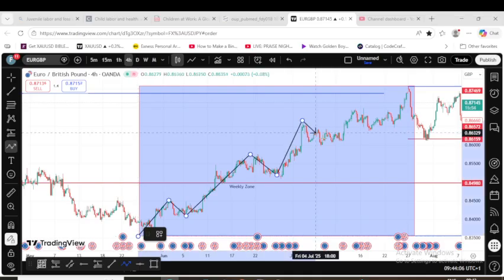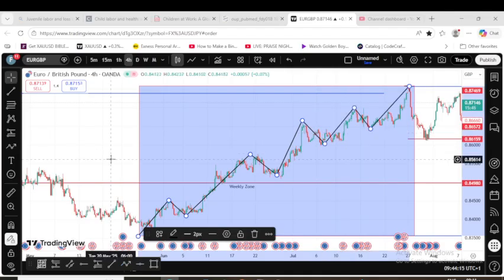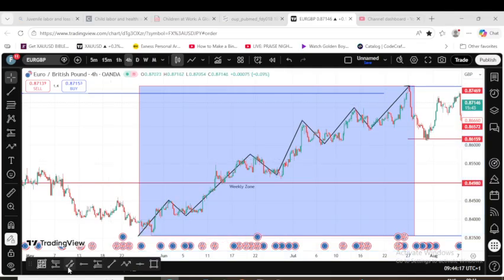Price got into a range again. Impulsive. Price got into a range. Then impulsive. So we have 5 impulsive moves, and almost all of them are characterized by a range like this. Like this. Like this.